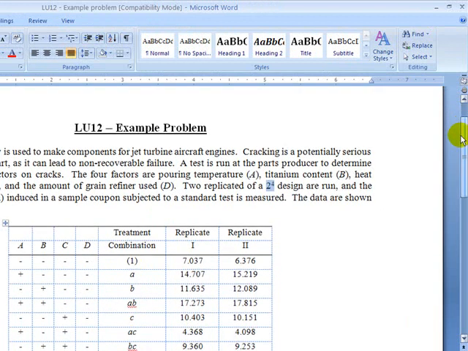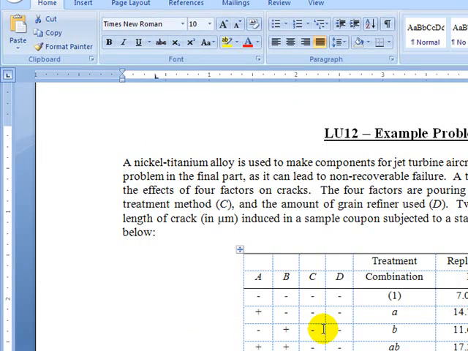And in such designs, the low level is represented by a negative sign and the high level by a positive sign, or sometimes they use -1 and +1 to show the low level and high level of the factor. Now let's talk about this problem.